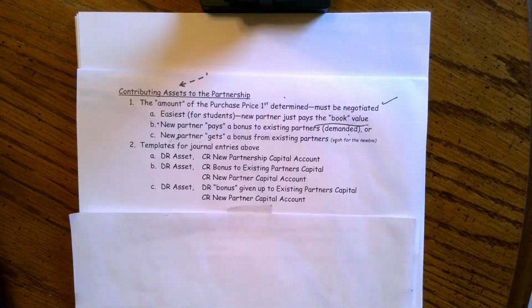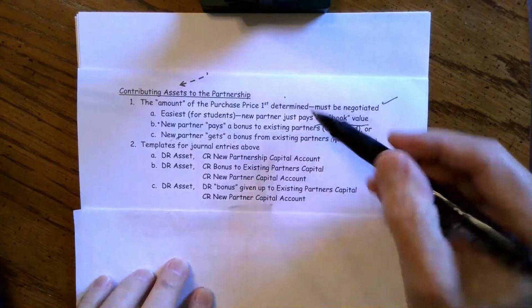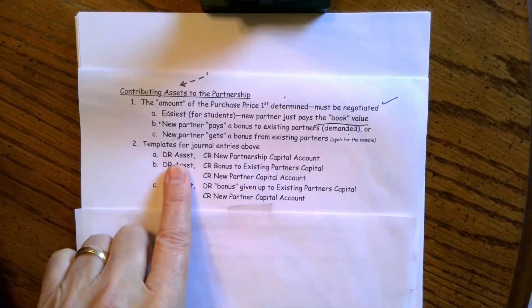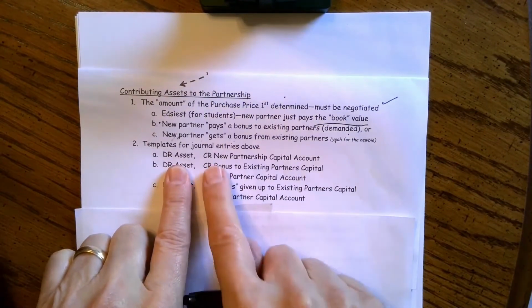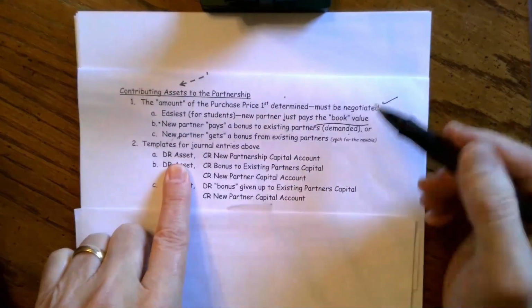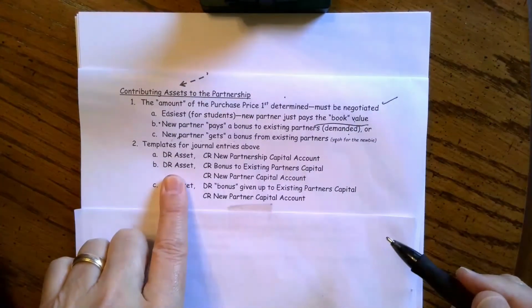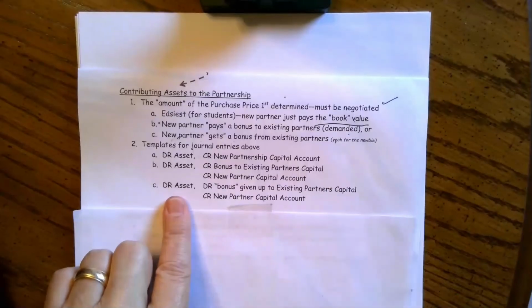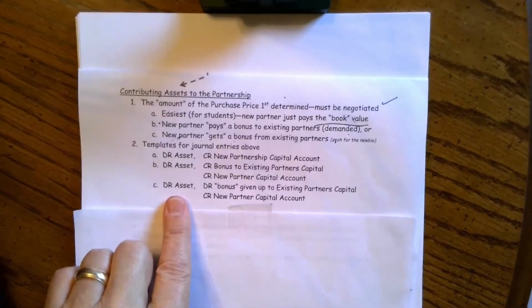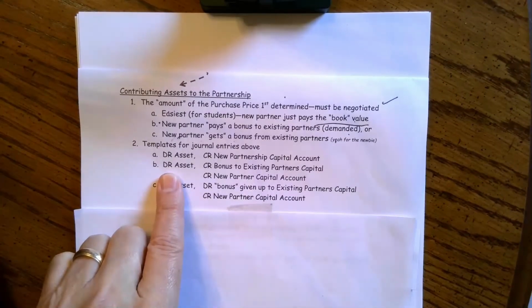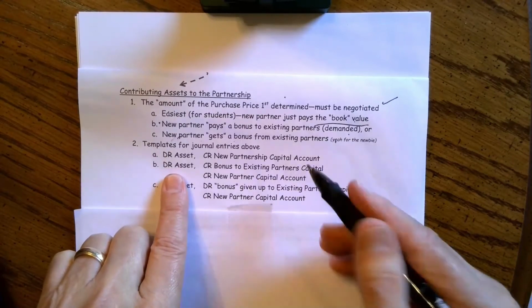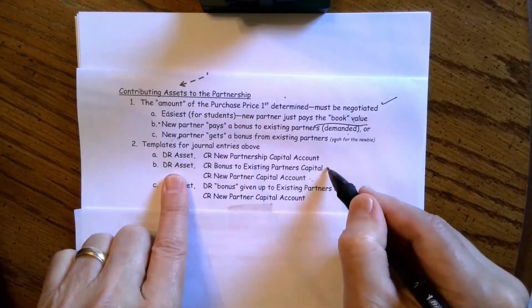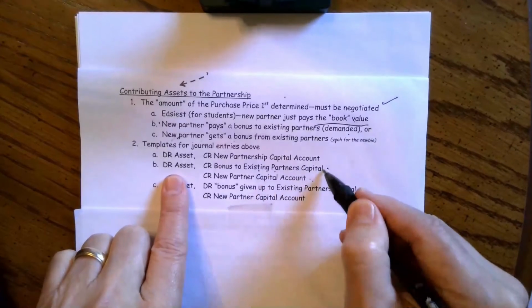Just to summarize those 3 scenarios, A, B, C. A, the asset coming in, full credit given to the new partner, book value. B, the new partner pays a bonus to enter into the partnership, so therefore, of the assets coming in, the new partner is given less than that value, and the difference goes to the existing partners. So, a bonus to existing partners.